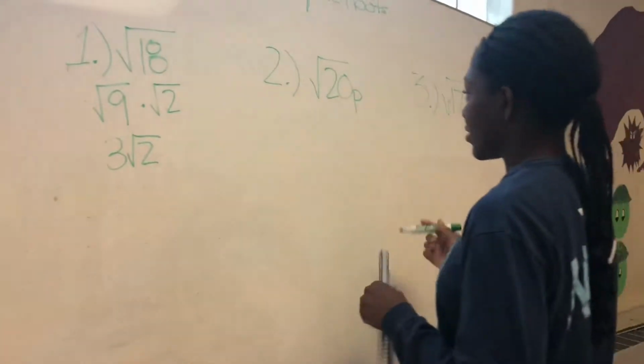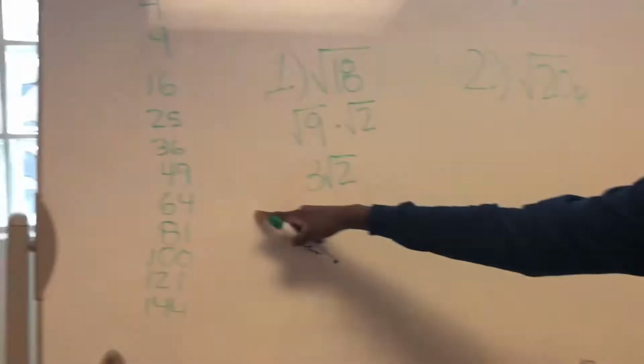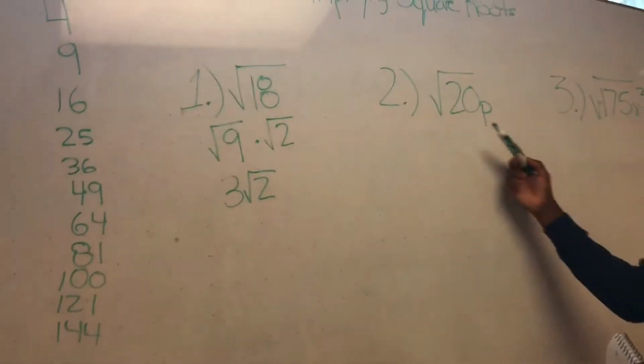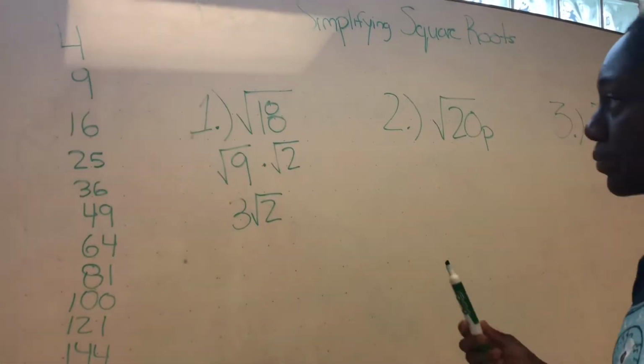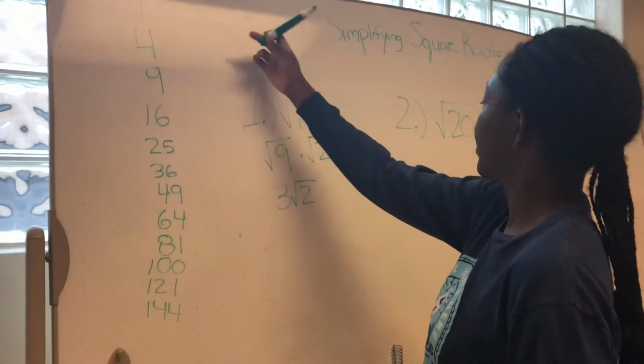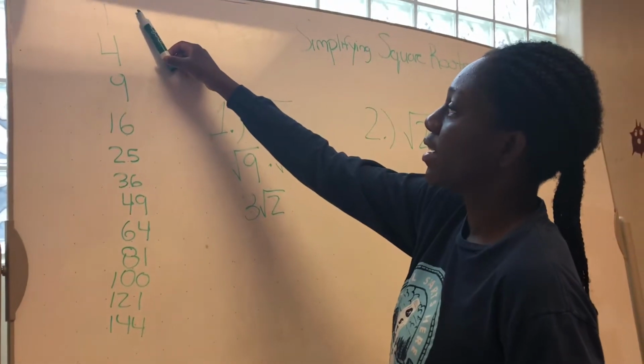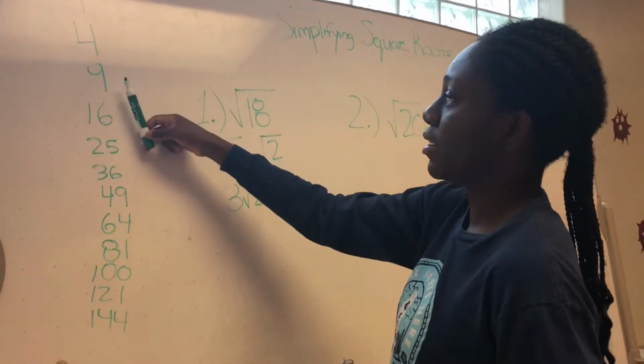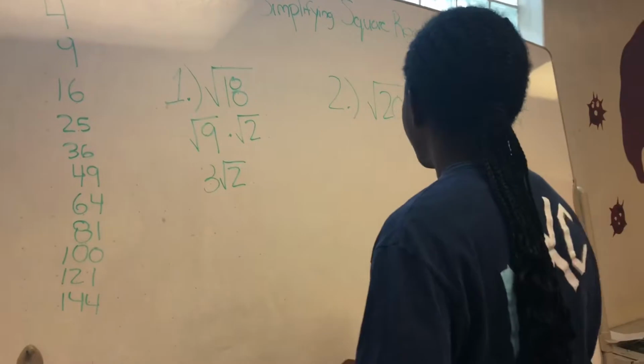And then for our next one, I'm going to use this 2 and see what goes into 20. I know that 1 can, but I can't simplify anything. I know that 4 can, and I know that 9 can't, so I'm going to go with 4.